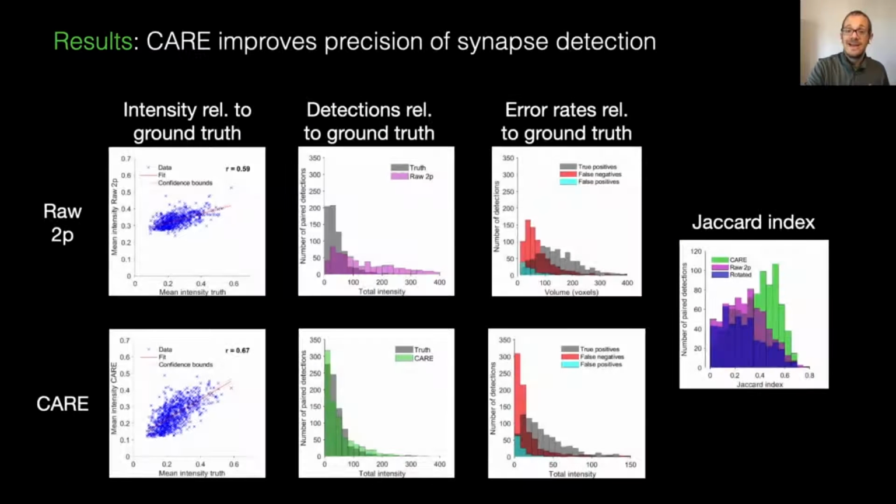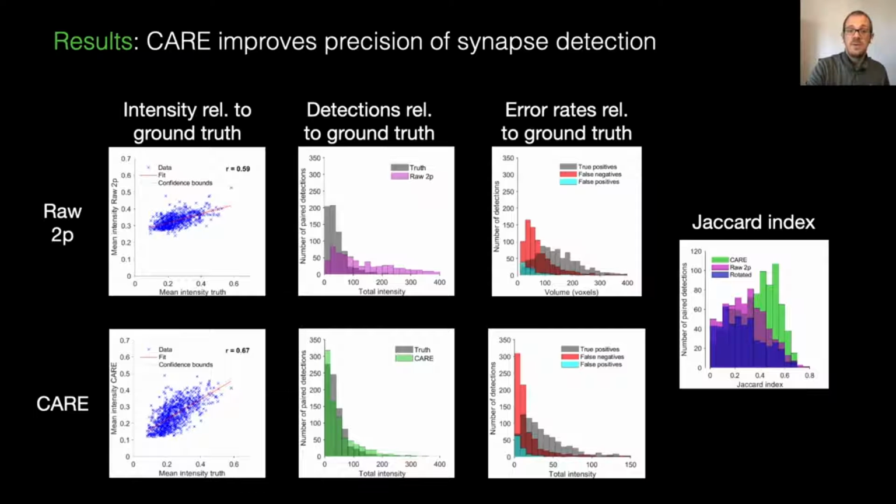We've rigorously validated this network to convince ourselves that CARE output reflects real synaptic signal. As you can see in the bottom row, we find that restored synapses from in vivo 2P volumes closely match ground truth, and further that the restoration process doesn't distort the underlying synaptic signal.